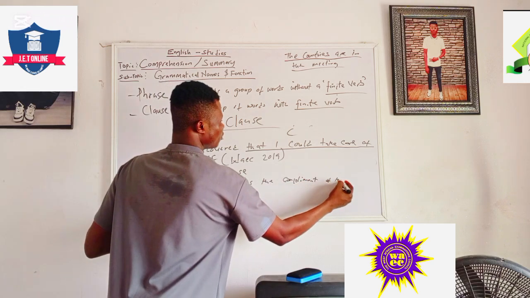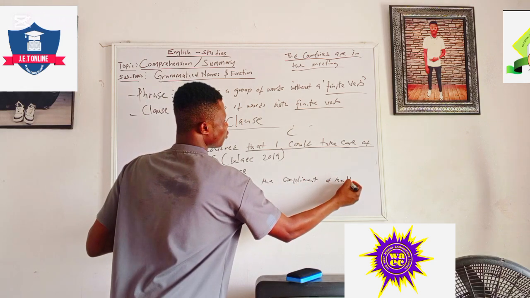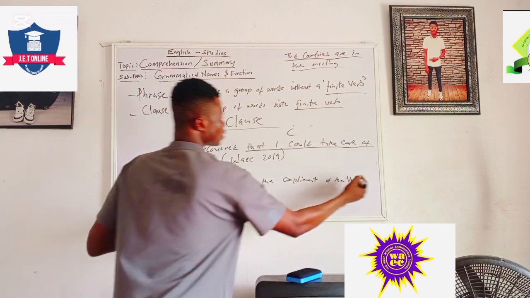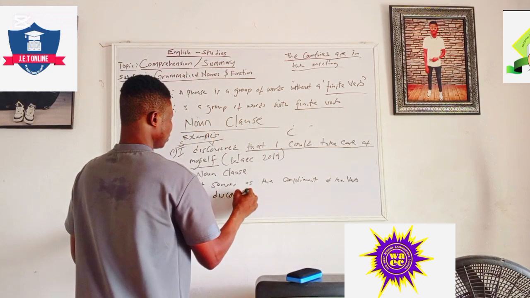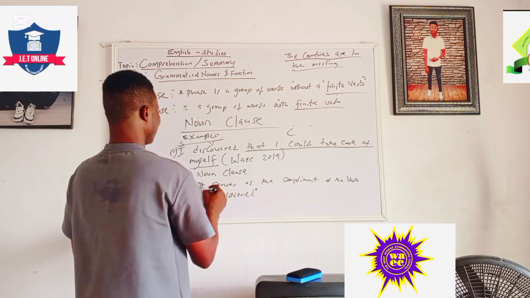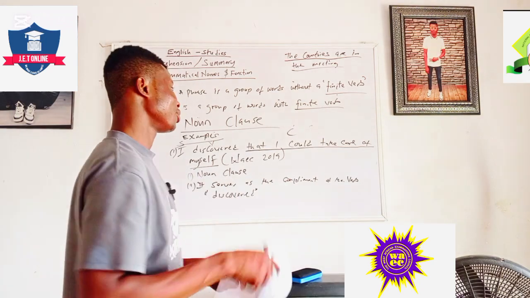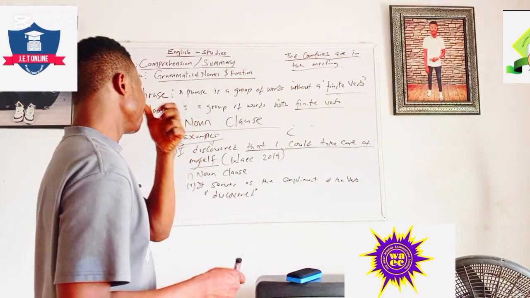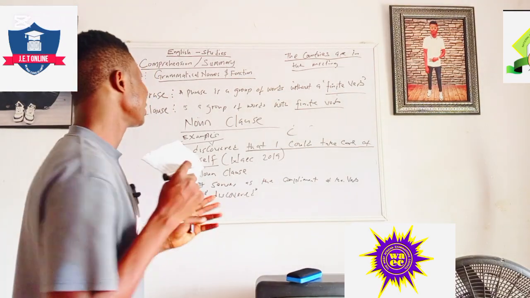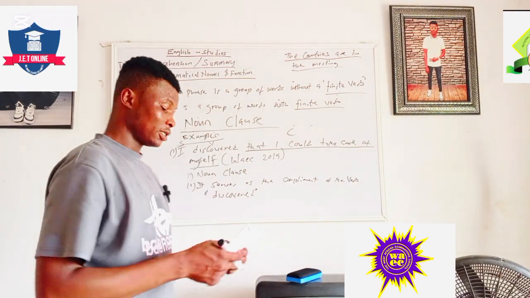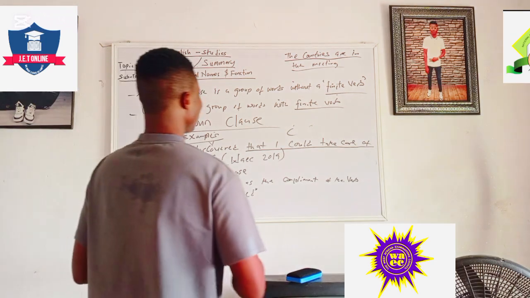Complement of the verb. What verb? Discovered. You quote it. You have gotten your marks already under grammatical name or function. So a noun clause will be positioned at either the subject level or the complement level.